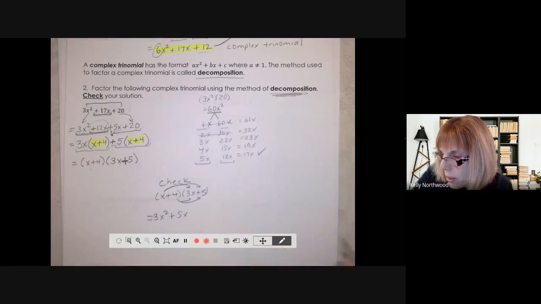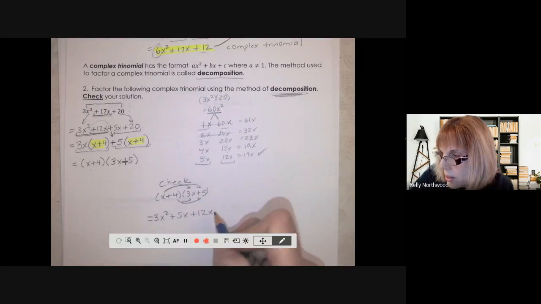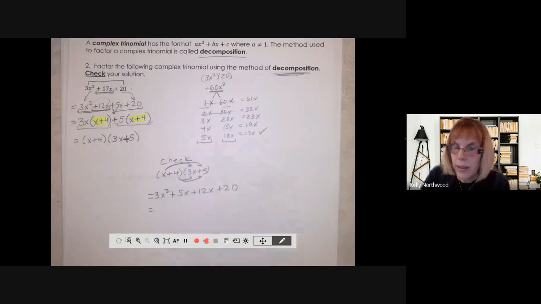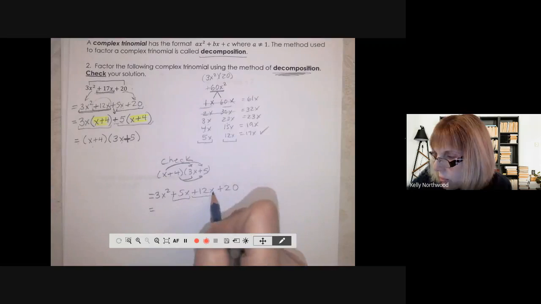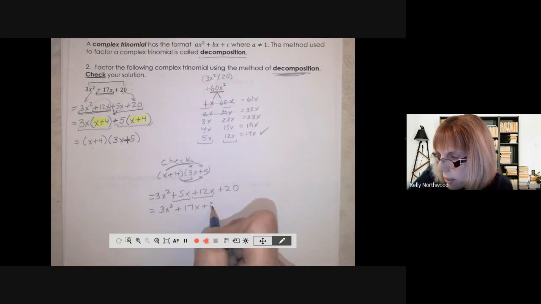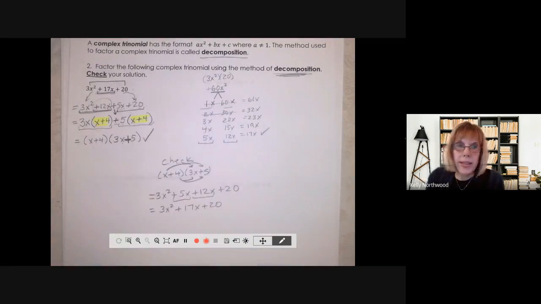Positive 4 times 3x is positive 12x. And positive 4 times 5 is positive 20. And then these are my like terms, so I can collect them. So 5x plus 12x is 17x plus 20, which is what the question was, which means that this is the right factorization.